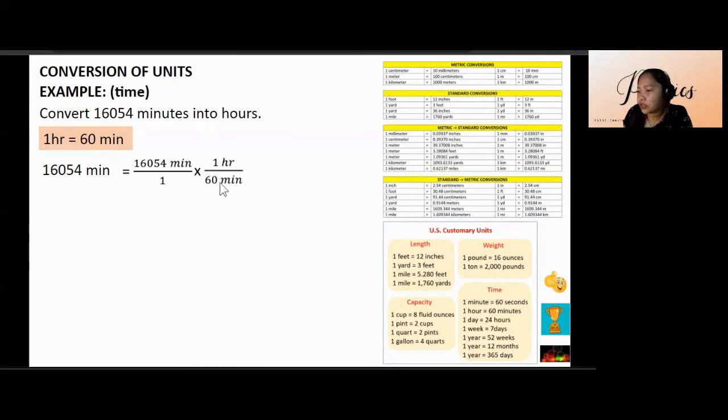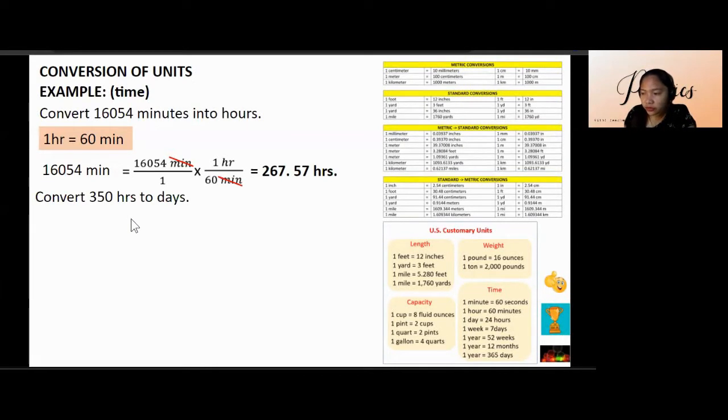Again, they can be interchanged depending on what's given, but we have to make sure that minute should be at the bottom so that we can cancel the unit for minutes. Now that we have canceled the units, we can proceed in calculating. We can use our calculator for this one. 16,054 times 1 divided by 60. And that's equal to 267.57 hours.